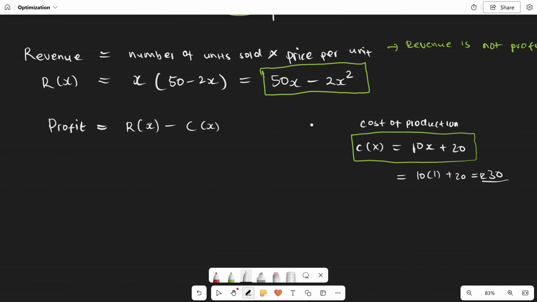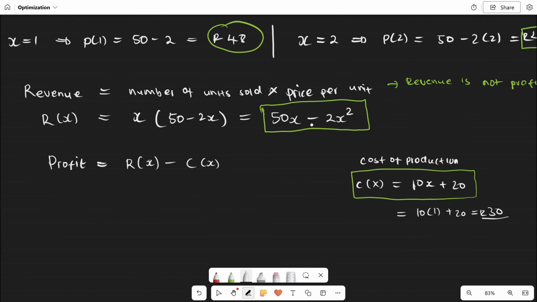If you look at your selling price for 1 unit, we said for 1 unit it's 48 rands. So your profit for just selling 1 unit would be 48, which is your revenue, minus 30. So this is 18 rands. You would make a profit of 18 rands.